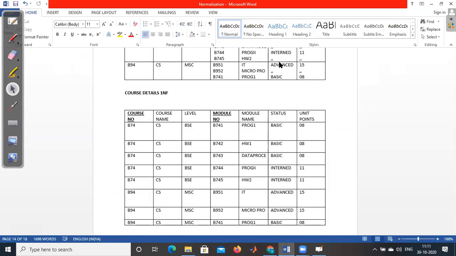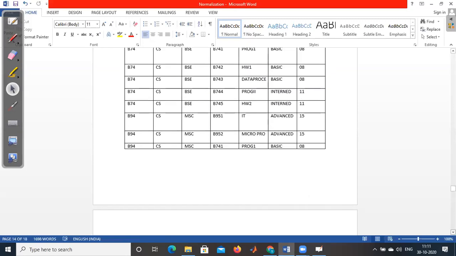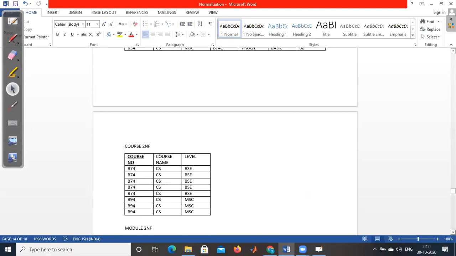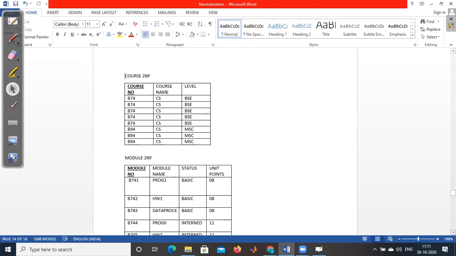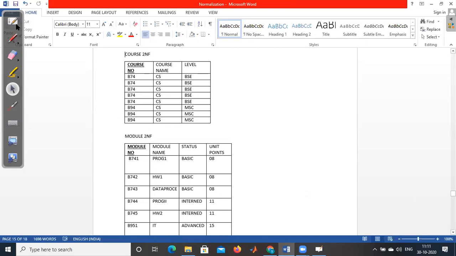Okay, students. So the same thing I am showing here. The table is decomposed into second normal form.